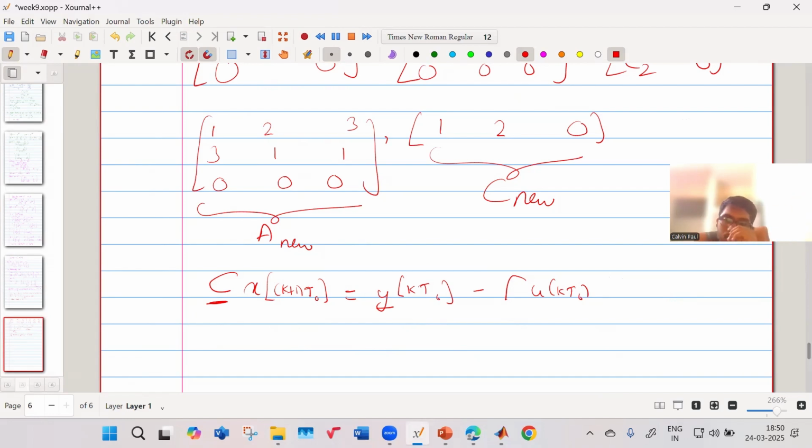Okay. So let us consider in our case, we have n1 equal to 3 and n2 equal to 3. This is the minimum. And this minus gamma u of k t. So let us find what our C matrix is and everything.